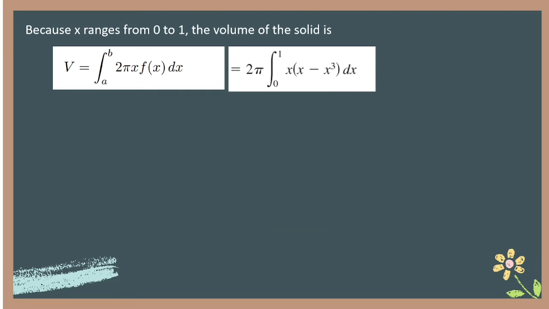So we substitute the given values. We have 2 pi integral from 0 to 1, our radius is still x, and our height, or f of x, is equivalent to x minus x cubed dx.